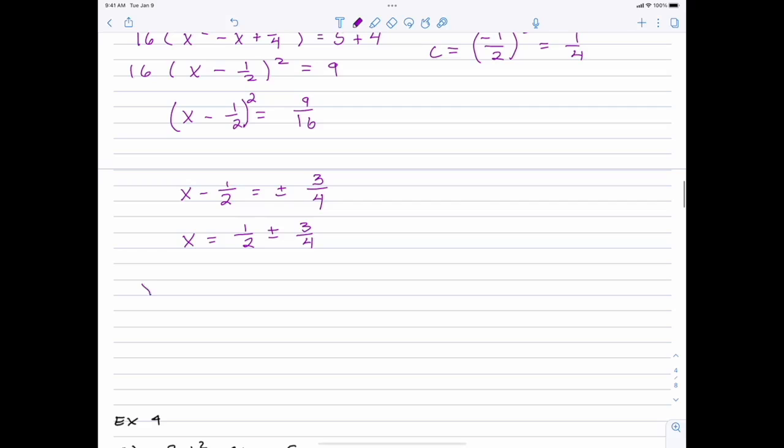So I get either x equals 1/2 plus 3/4, which equals 5/4, right? Or, how messy is that? x equals 1/2 minus 3/4, which I think you guys would agree we can do in our head. That's just -1/4. Okay? That's it. That's the lesson.